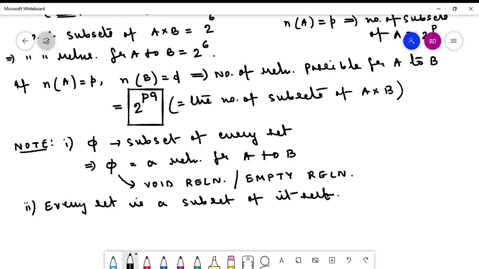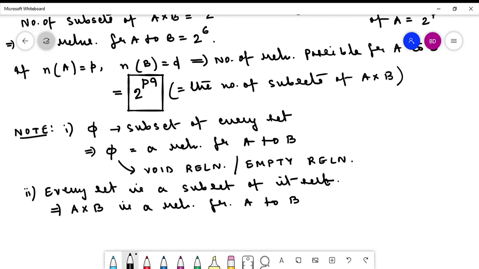So A cross B is also a subset of itself. That means if A cross B is a subset of itself, then A cross B is also a relation from A to B. So A cross B is a relation from A to B.